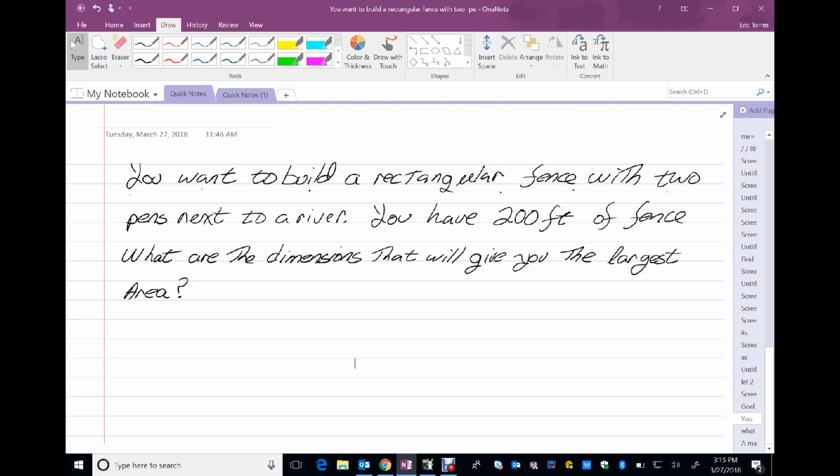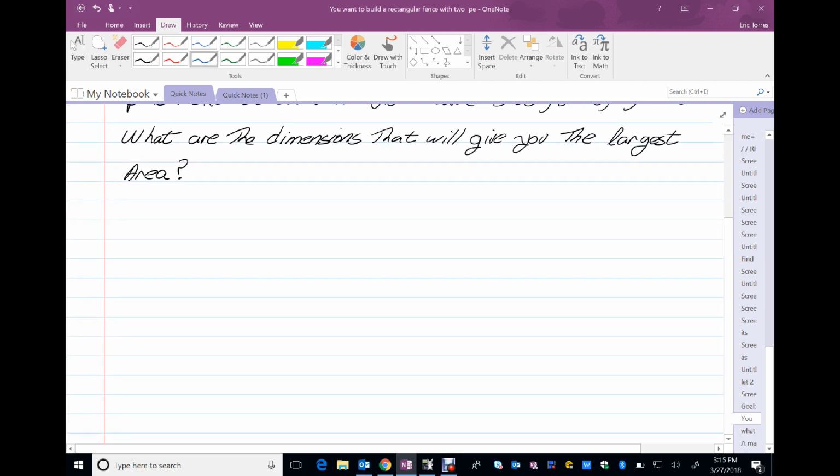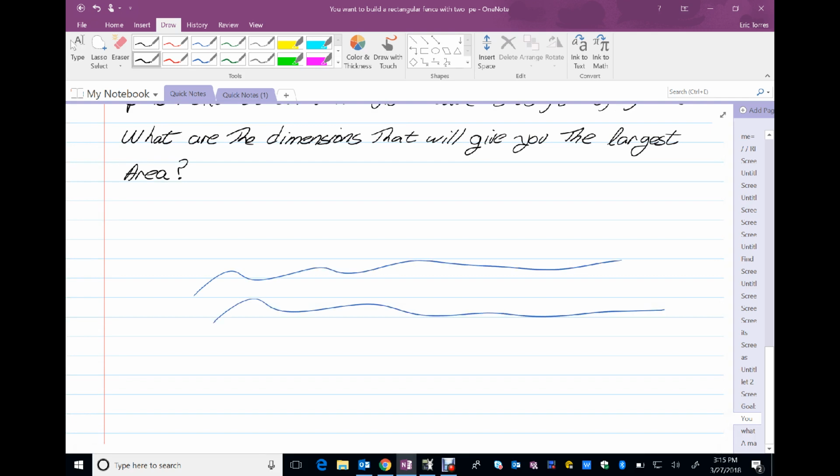So, given that, let's start by drawing our situation. Okay, let's say we have a river, and you're going to build a pen, a fenced-in area next to that river that's in the shape of a rectangle. I'm not making any assumptions at all about its dimensions.